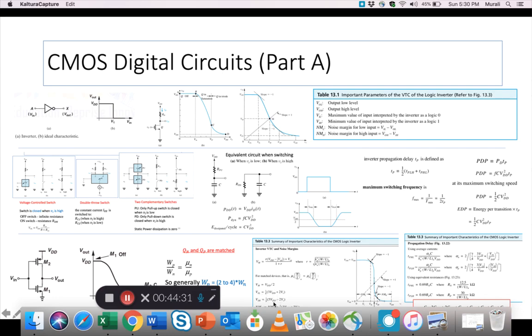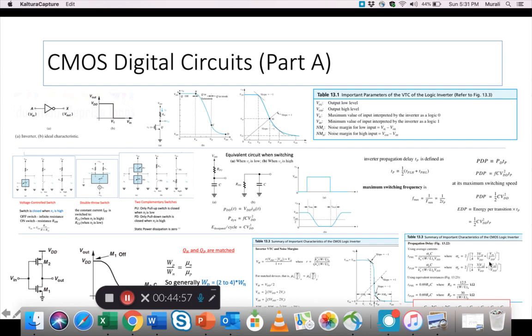Then we have these formulas, please look them up in your notes, for VIL, VIH, the noise margins, they're all shown nicely, and they're all dependent only on the VDD and the V threshold and the mu and the W and so on, right? So if you know all that, then you can find these noise margin values.